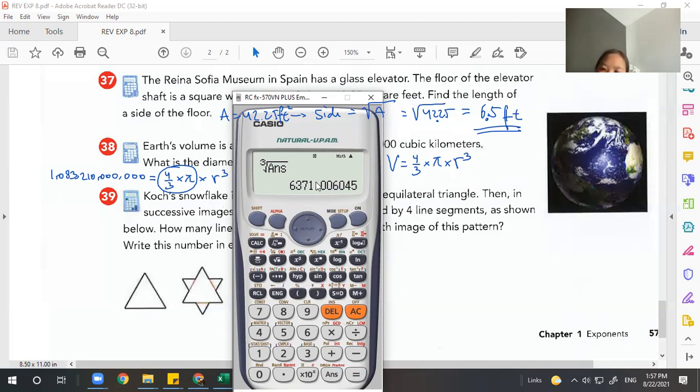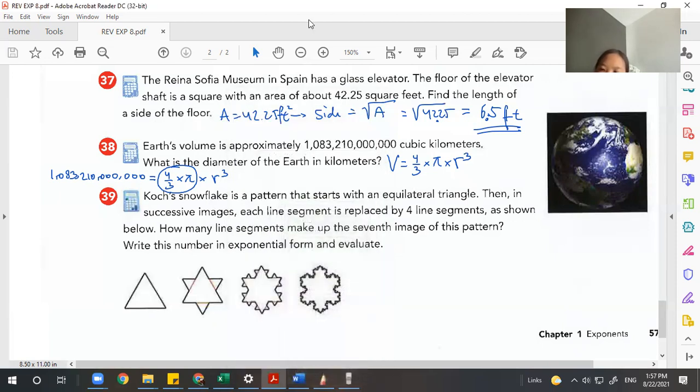I don't want to deal with the decimals. 6371. Oh, not the r cubed, the r, because we already took the cube root. Okay, and then what's the diameter? The diameter is always twice the radius.